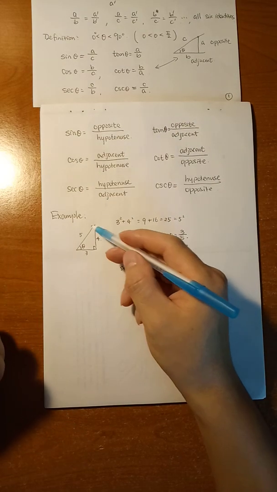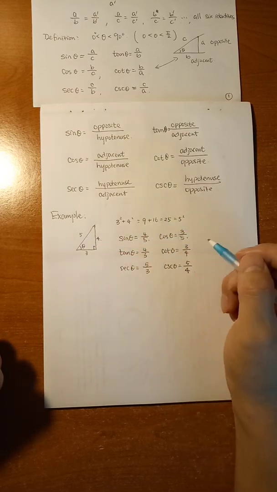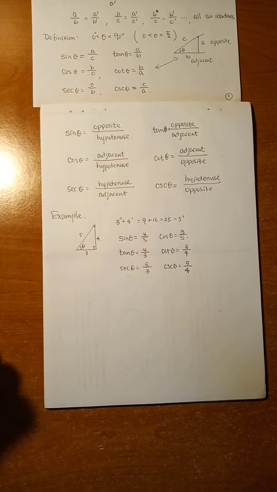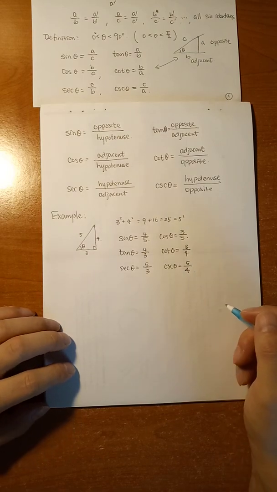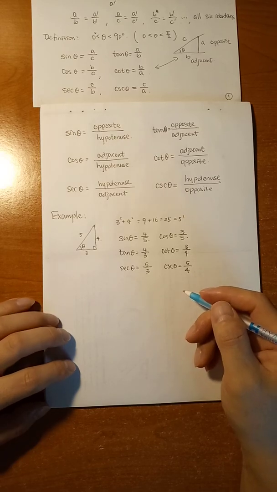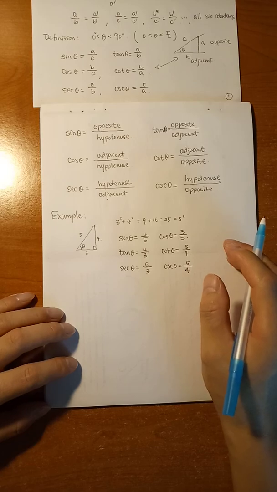Once you get the 3 sides of a right triangle, you can quickly determine the trigonometric values of the angle. And we have 6 trigonometric functions, and because we have 6 ratios, those ratios have a relation.